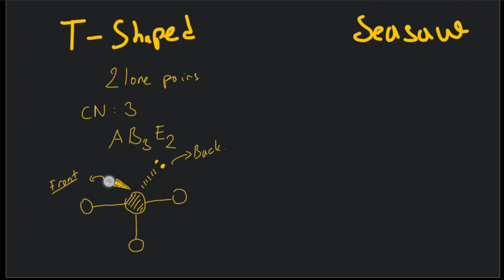So these are the lone pairs. This is the T-shaped structure. And one example of this molecule is ClF3.